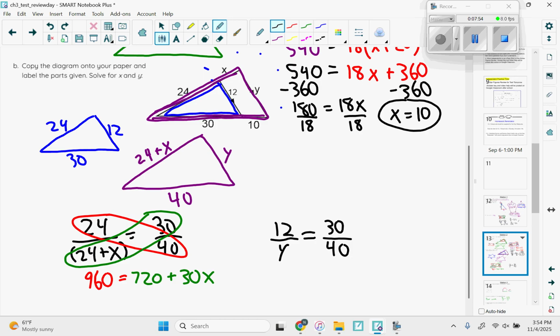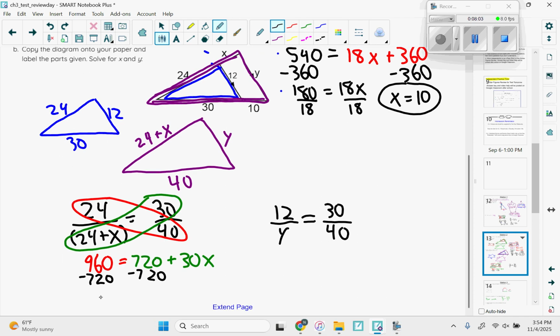Again, we want to get the 30x by itself, so I'm going to subtract 720 from both sides, and I'm going to get, let's see, what is this, 240 equals 30x, and then divide both sides by 30 to get just x equals, and this would be x equals 8. All right, so that's one of our answers.